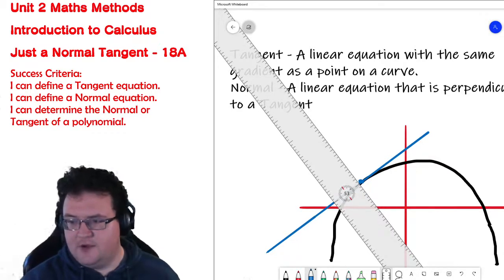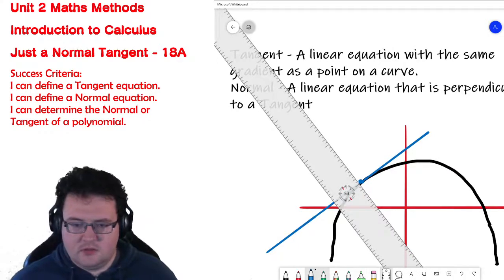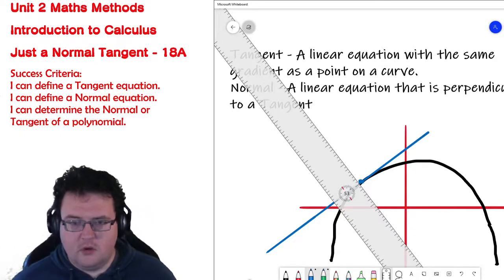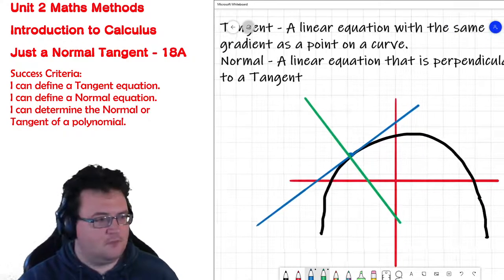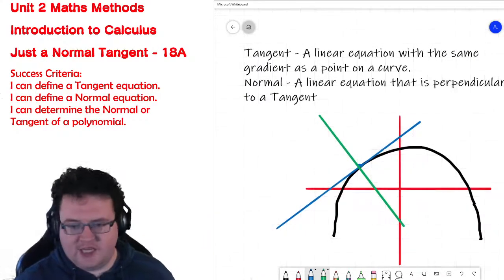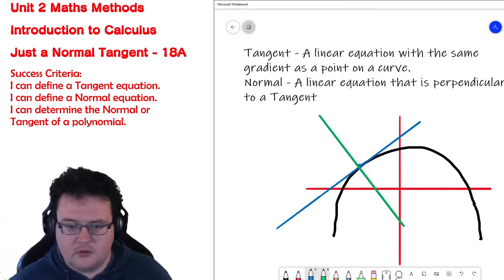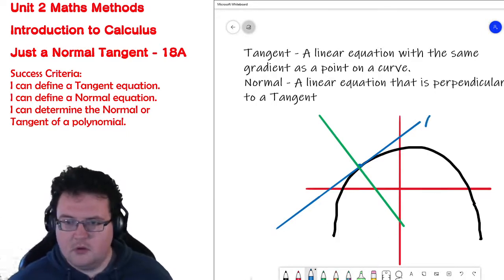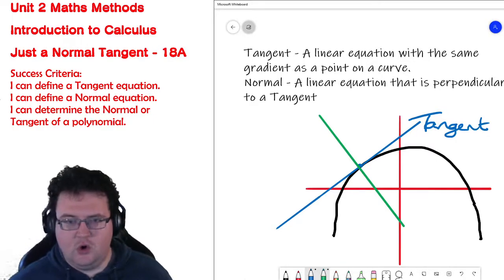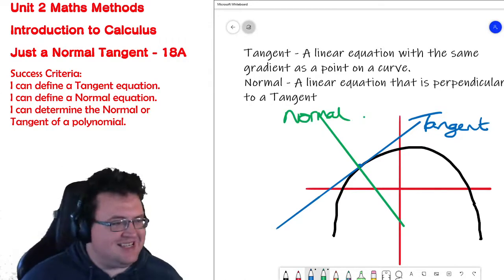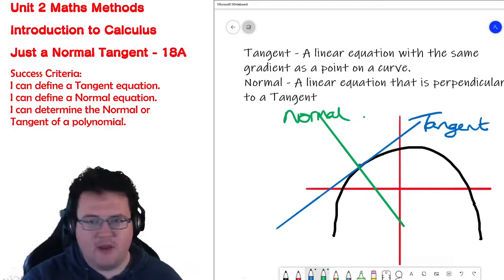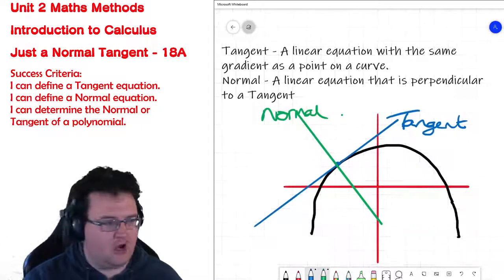So what I've got here is, I have this green line. So the blue line is your tangent. And the green line is your normal.